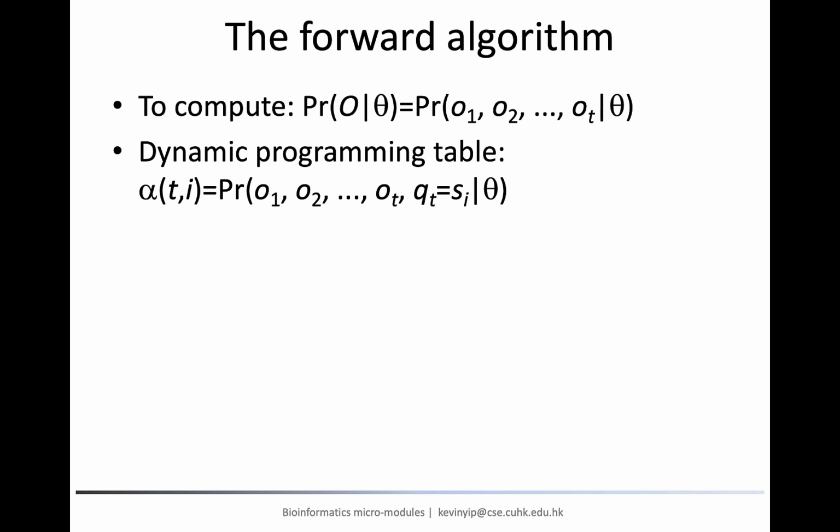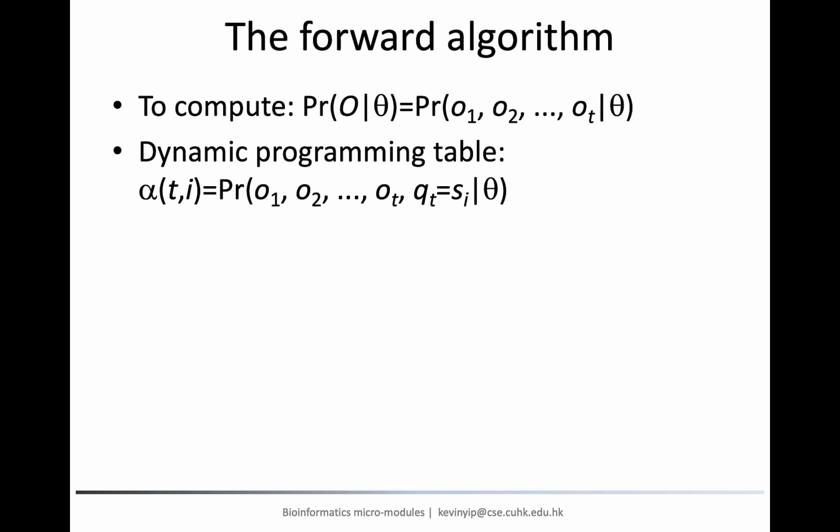Alpha has two dimensions, namely a dimension of steps and a dimension of states, indexed by variables t and i respectively. The table entry alpha t i is defined as the joint probability of the first t observations, and that the state in step t is Si, given the model parameters. Each of these entries corresponds to a subproblem.